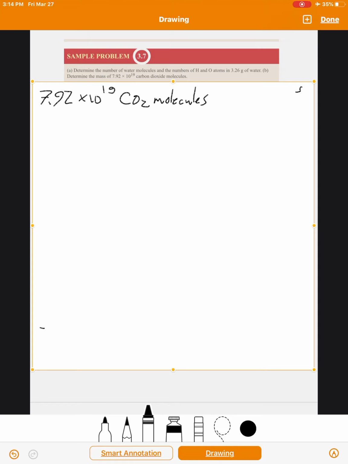Okay? So the logic here will be we've got the number of molecules. We're going to use Avogadro's number to find the number of moles. And then we're going to use the molar mass to find the mass.